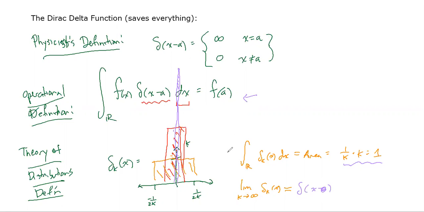And you can see this two ways: you could take its Fourier transform, or you can just recognize that it's the zero infinity thing that we wanted. So this is the basis function for our Fourier transforms.